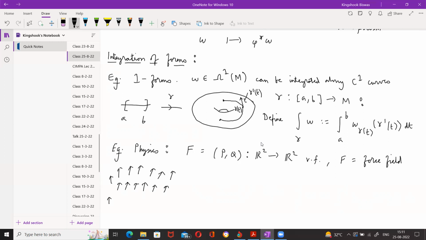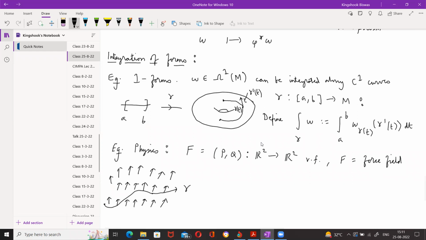And if you remember your physics, then suppose I take a smooth curve now in R2. This is my curve gamma. All right.